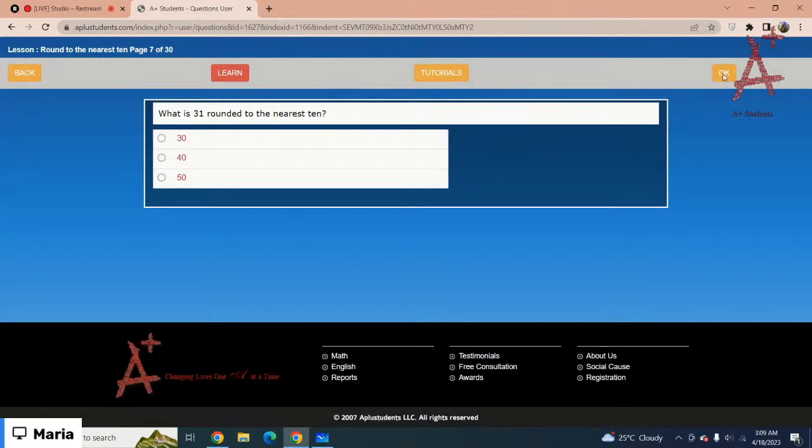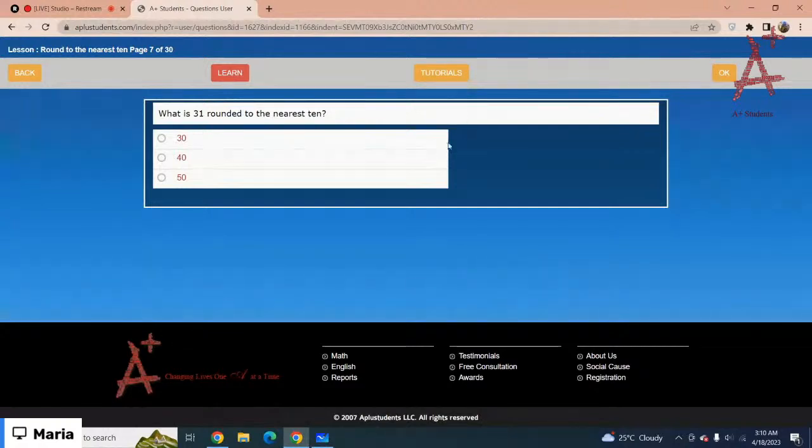Okay, what is 31 rounded to the nearest 10? So which is the correct option? Be quick. 31 is rounded off to, yes, 31 is rounded to 30.